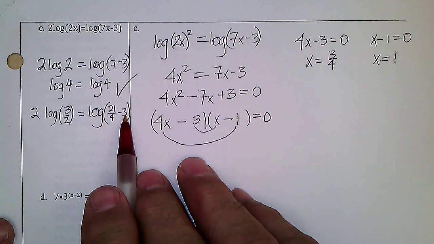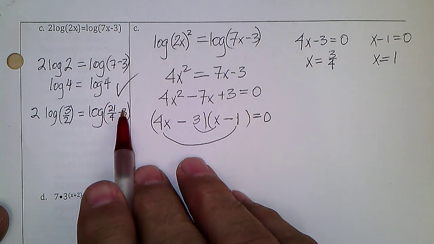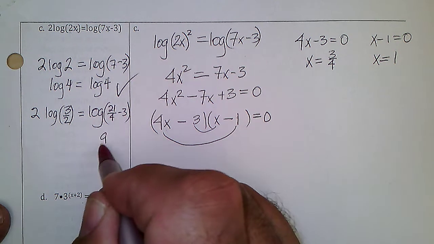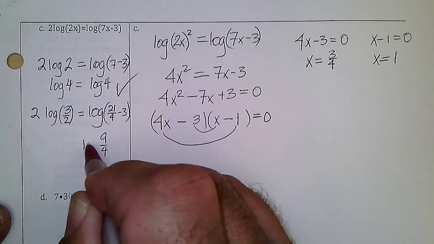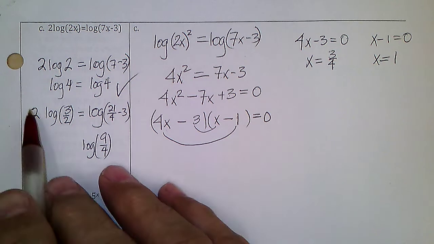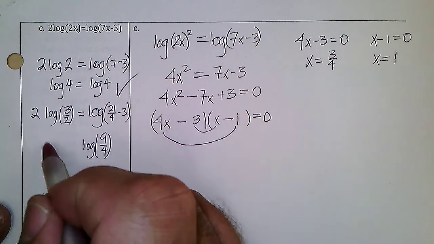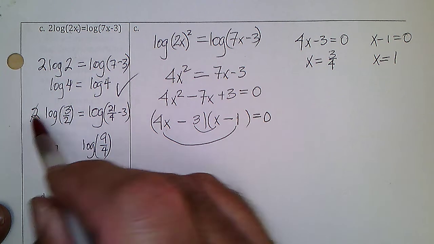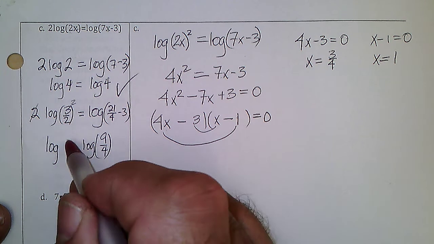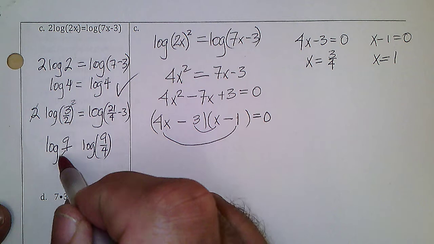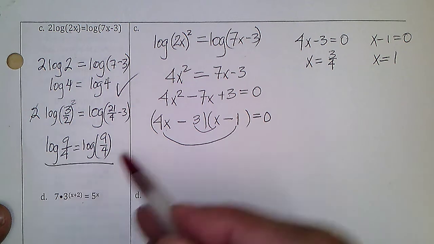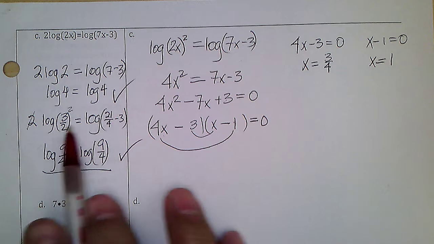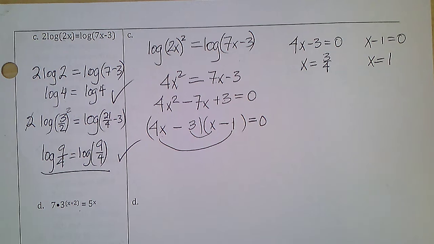Well, 3 is 12/4. So 12/4 from 21/4 is 9/4. And the 2 could go up and make this be log of this squared. And 3 squared is 9, and 2 squared is 4, and so they do equal each other. And notice neither argument was negative, so they both should work.